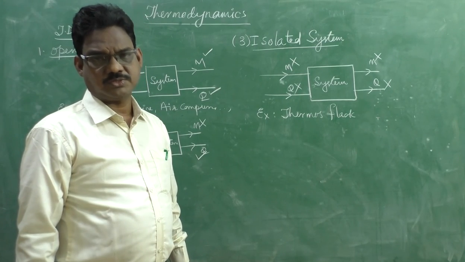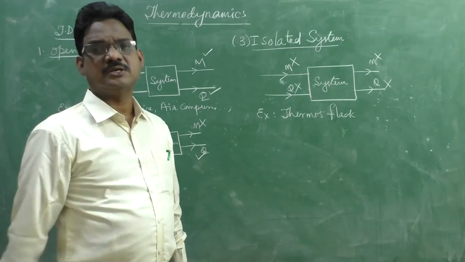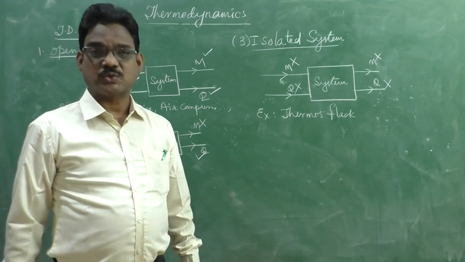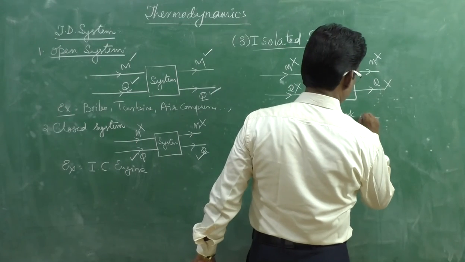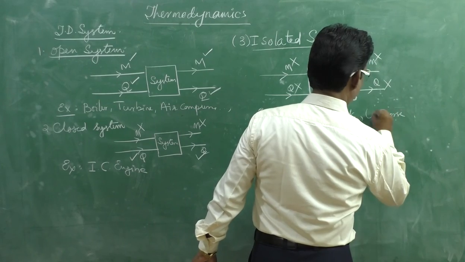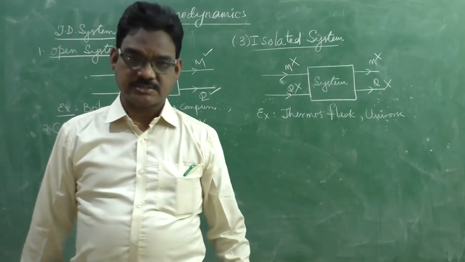Universe means system and surroundings collectively considered as one unit. Therefore, that is an isolated system. Universe is also another example for the isolated system.